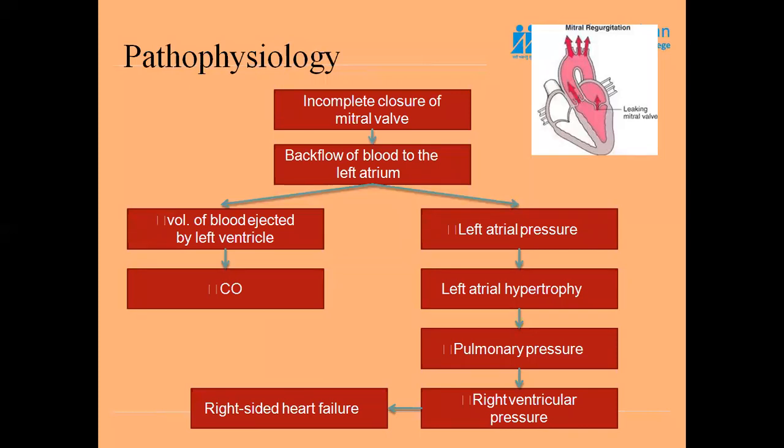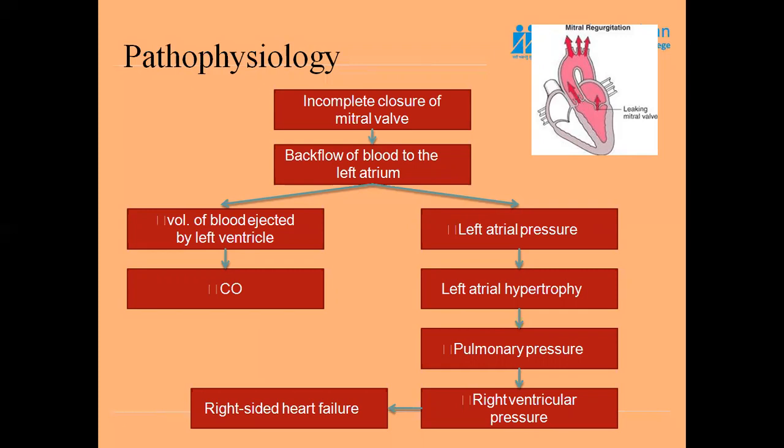So, incomplete closure of the mitral valve will lead to backflow of blood to the left atrium. That causes a reduction in the volume of blood ejected out of the left ventricle. That will lead to reduced cardiac output, and this reduced cardiac output will lead to left ventricular failure.